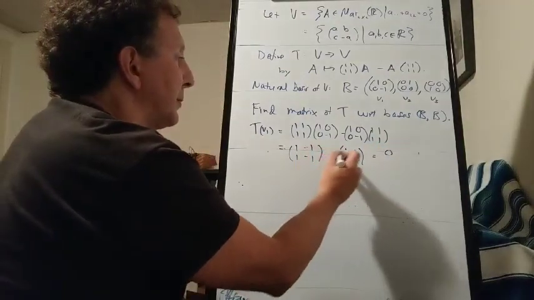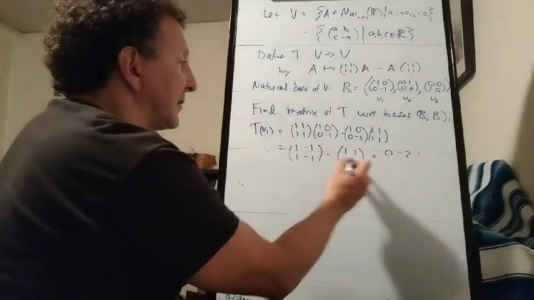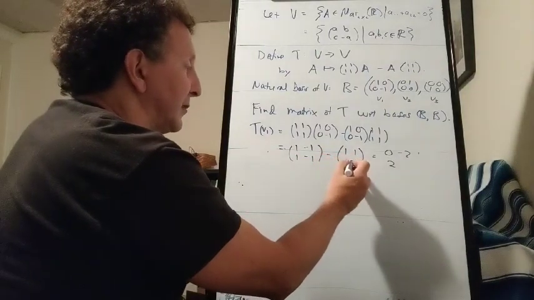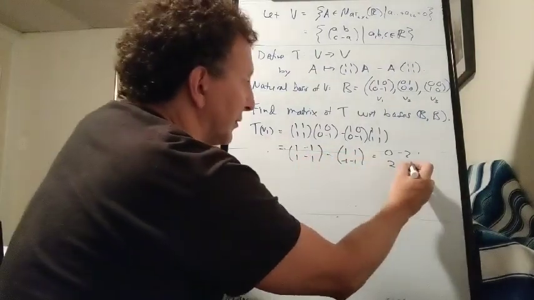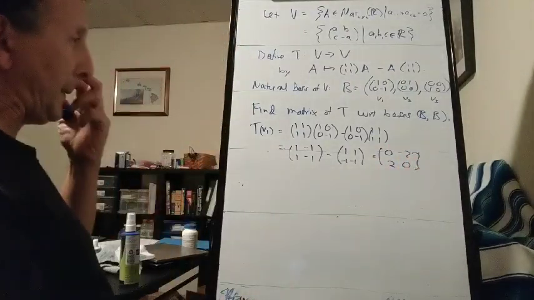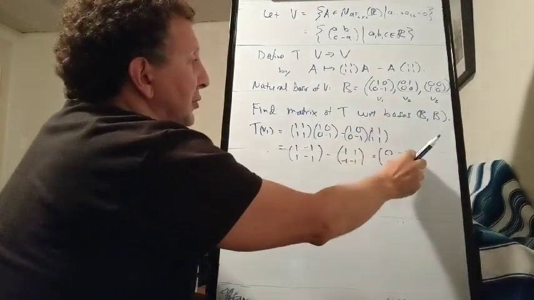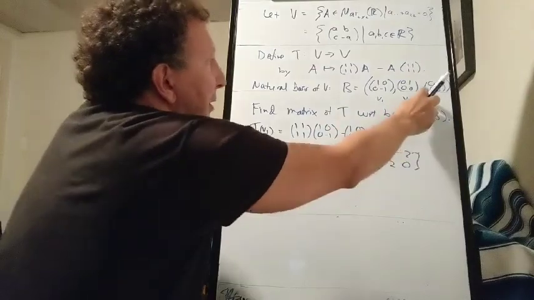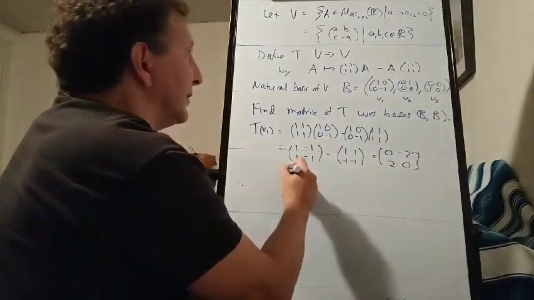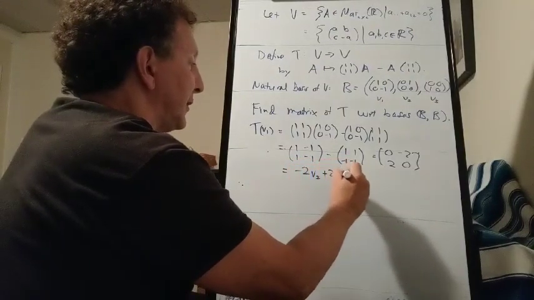Second entry is -1 minus 1, so we got -2. The third entry is 1 minus -1, so it's +2. And the fourth entry is -1 minus -1, so -1 plus 1, which is 0. In terms of the basis, this is -2 V2s, because we've got a -2 up there, plus 2 V3s, because we've got a 2 down there. So this is -2 V2 plus 2 V3.